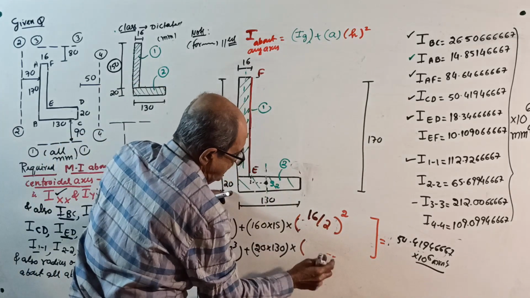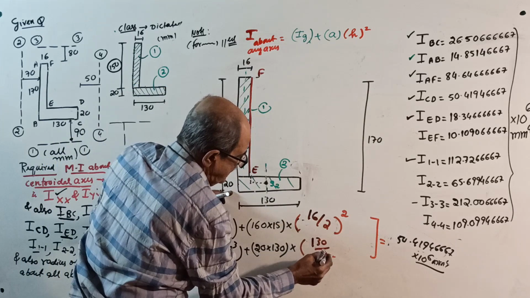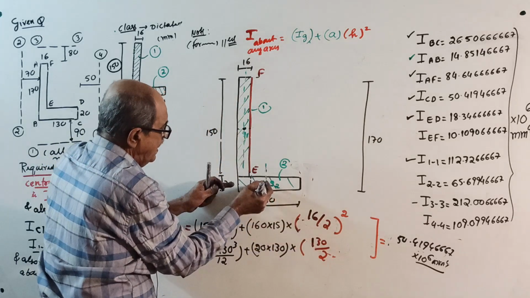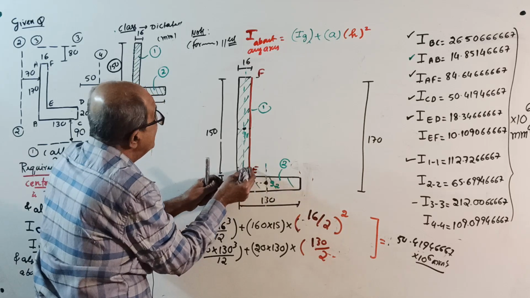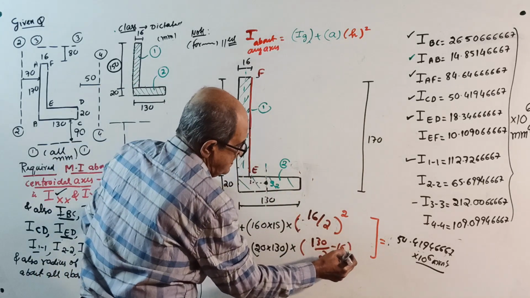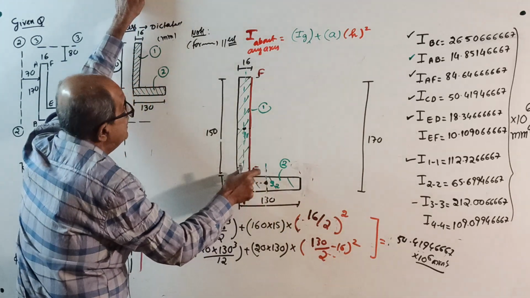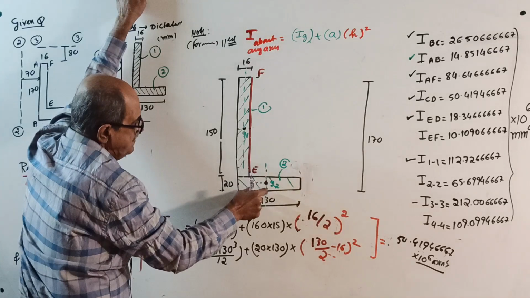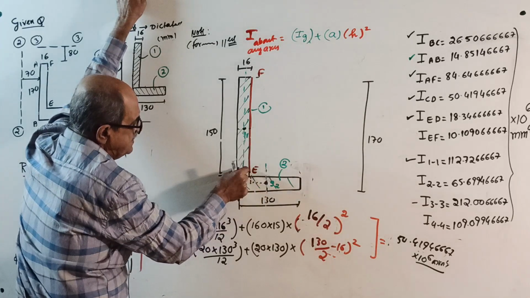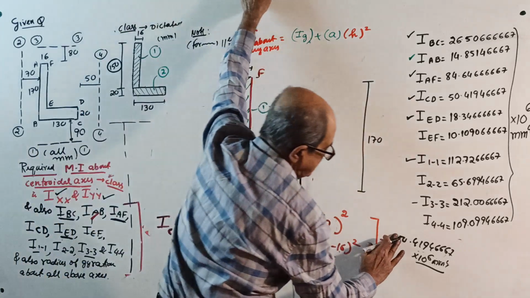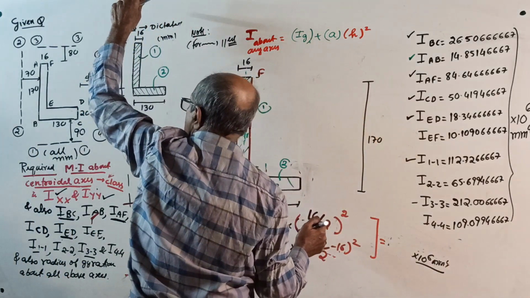It is 130 by 2 from here up to here minus 16. That much you can make out. This is 130 by 2. This is 16. So this distance is 130 by 2 minus 16 whole square. Answer. Which one it is?